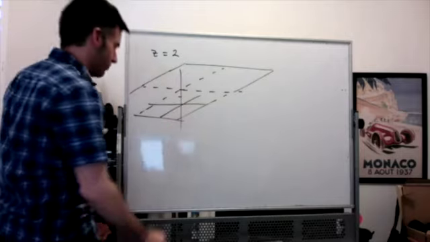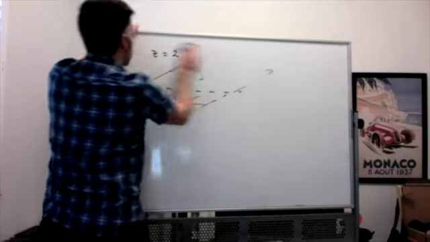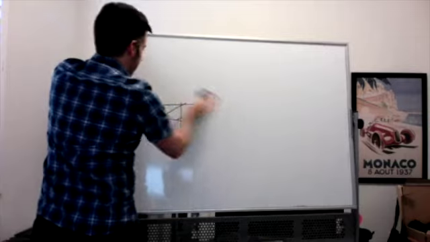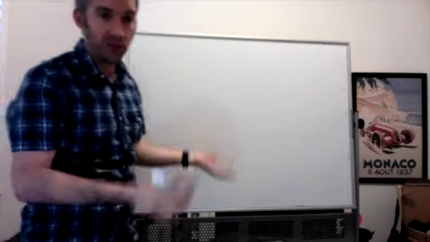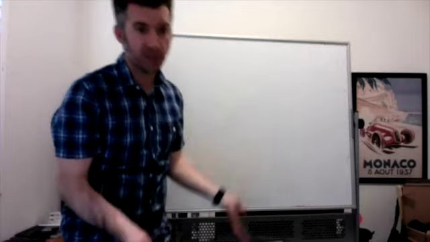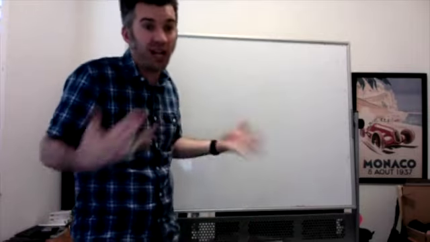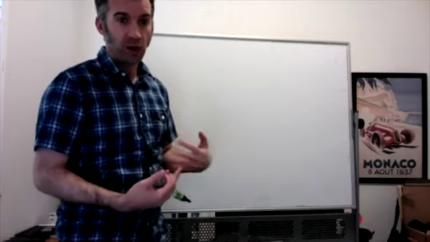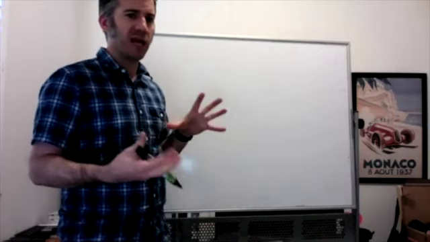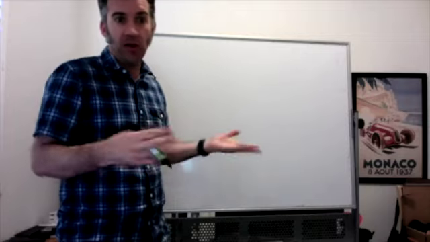So the idea with a level curve is you're asking, in that plane, z equal to 2, or z equal to 1, or z equal to 0, or z equal to 5, or z equal to pick a number, what does the curve look like? Meaning, what does the intersection of your surface and the plane look like?